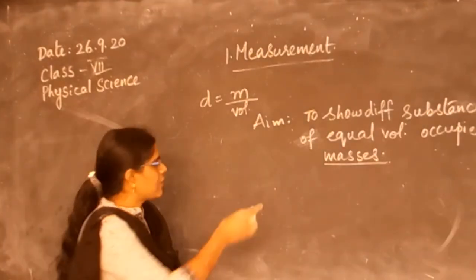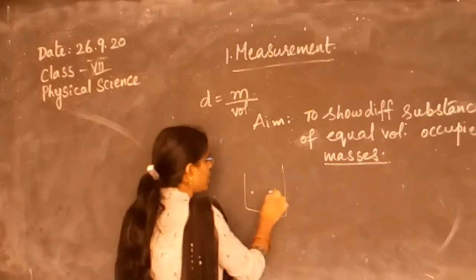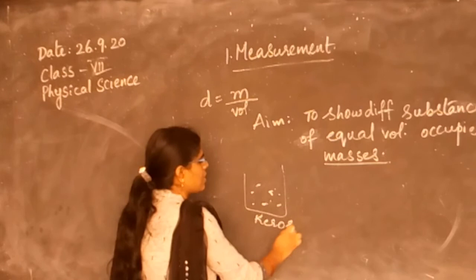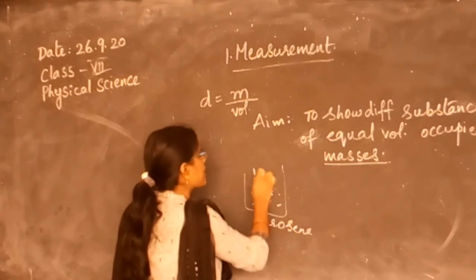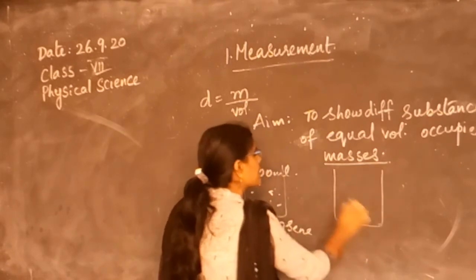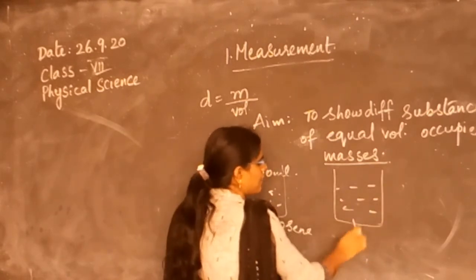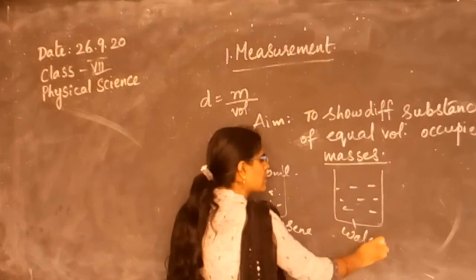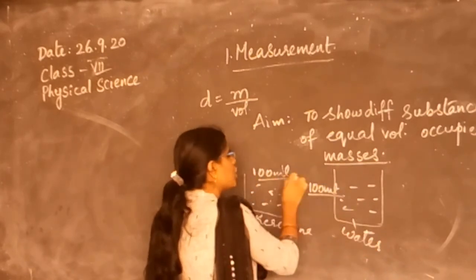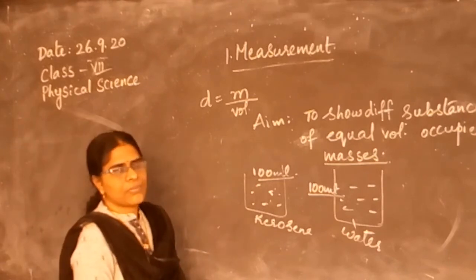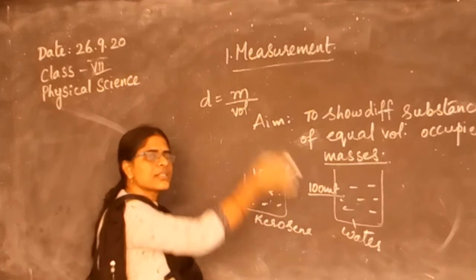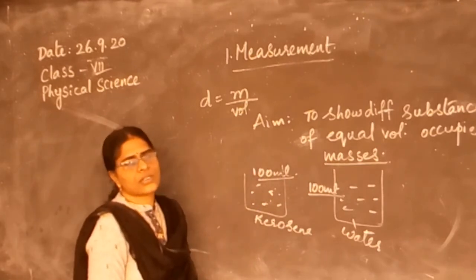Okay, I have taken 100 ml of kerosene in one container, and in another container I have taken 100 ml of water. Both volumes are the same. Now place these two containers in the pans.